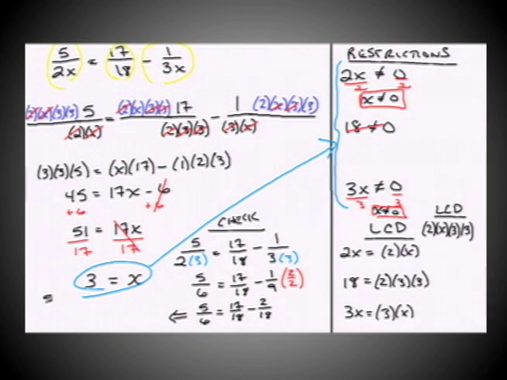So I have 5/6 equals, well, 17 minus 2 is 15/18. And when I simplify 15/18, 3 goes into 15 5 times and into 18 6 times. So I get 5/6 there. So 3 is our solution to the equation. We've checked it. We made sure that it wasn't a restricted value. So we're safe to say that 3 is the solution.